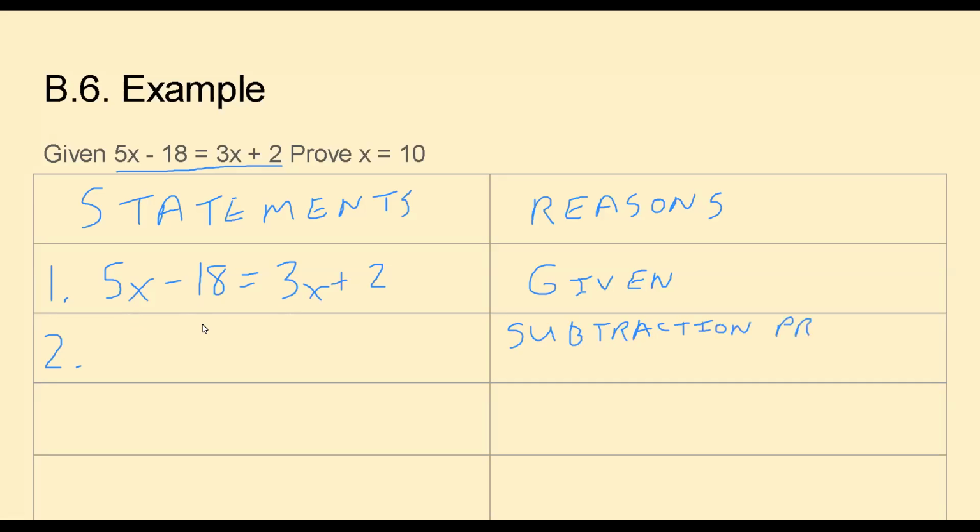And in the future, we would just write subtract and abbreviate this. But I'm going to use the subtraction property of equality, which says that if I subtract 3x, as long as I do it from both sides, the equation is still true.